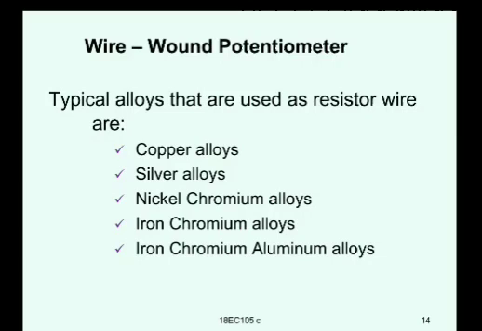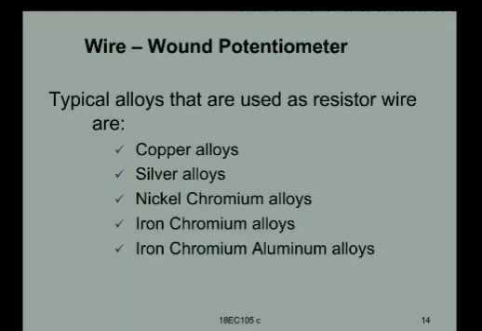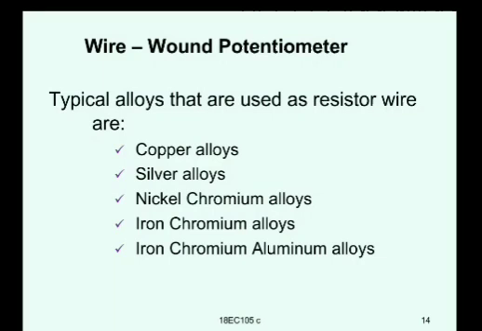The typical alloys that are used as the resistor wire inside the potentiometer are alloys of copper, silver alloys, nickel chromium alloy, iron chromium alloys, and iron chromium aluminum alloys. But more commonly, people will be using the nickel chromium alloy, and usually called as nichrome wire.